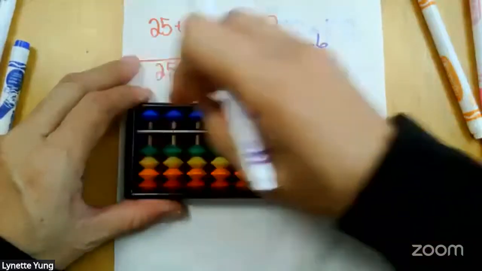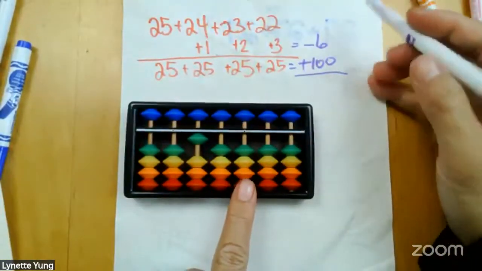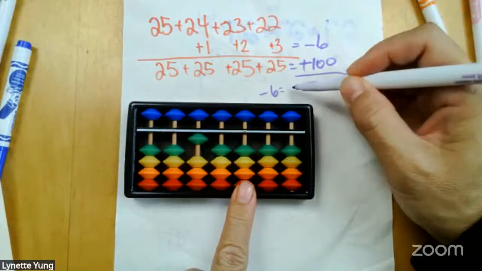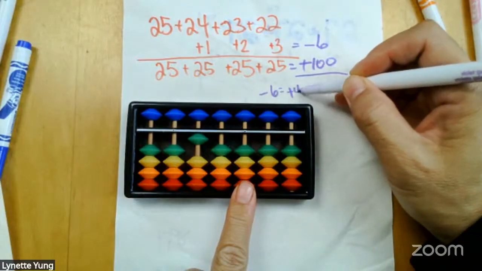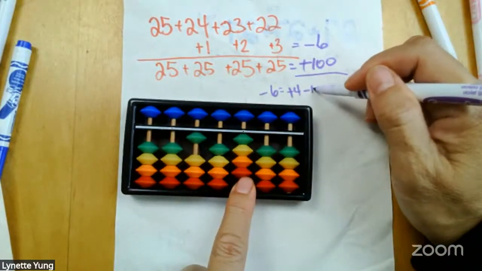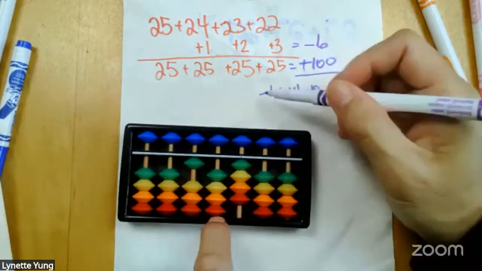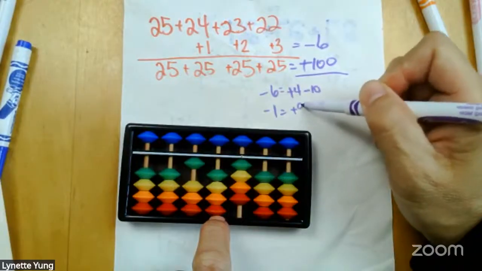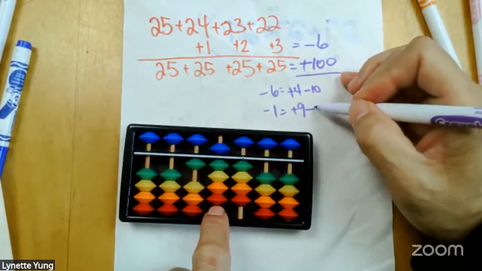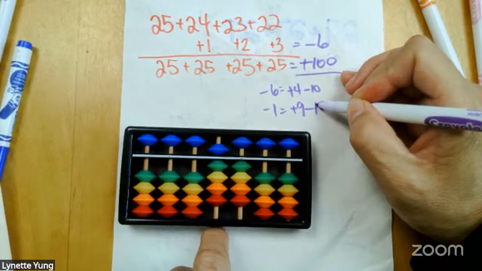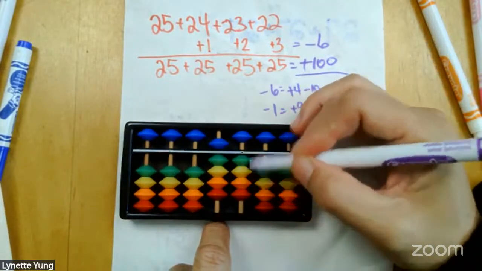Then we know 100 minus 6. Minus 6 is equal to plus 4 minus 10. Minus 1 is equal to plus 9 minus 10. So the answer is 94.